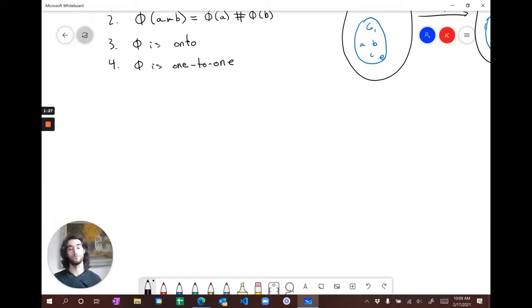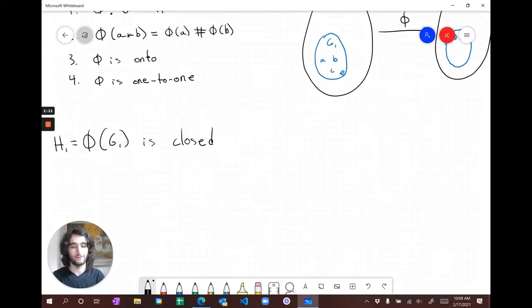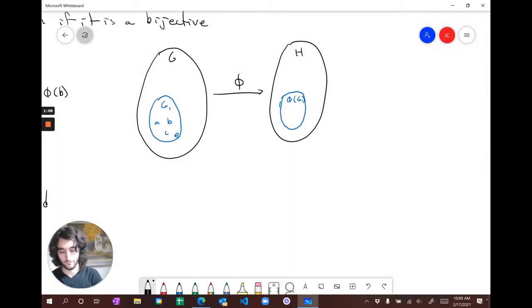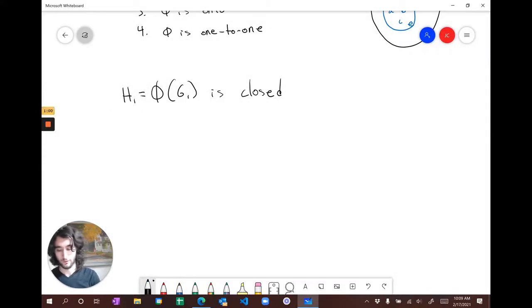First of all, we'll start by proving that it's closed. So phi of G1 is closed. I'm writing it phi of G1, but remember, that is a subgroup of H, so maybe we should call it H1, just to clarify that we're talking about the equivalent subgroup over there in H. Let's pick two arbitrary elements of H1.